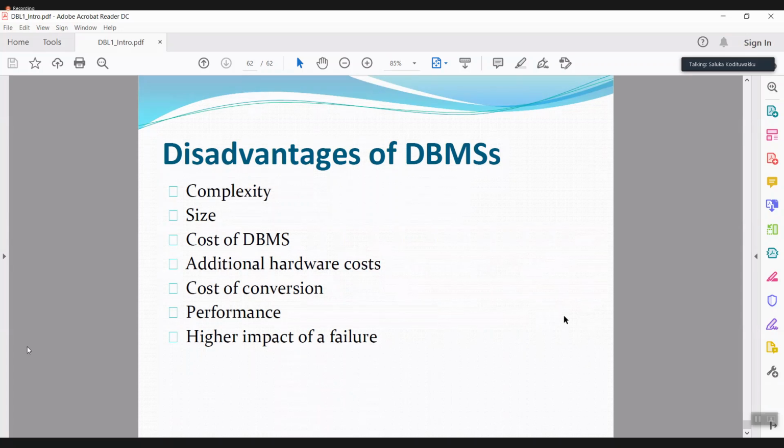All those things add complexity to the DBMS approach, and therefore complexity is a disadvantage. The next one is the size of the database. We even talk about the World Wide Web. When we go from a personal database to an enterprise database, the scope or size increases, and as things become bigger and bigger, they are obviously difficult to maintain, and therefore that is also a disadvantage.